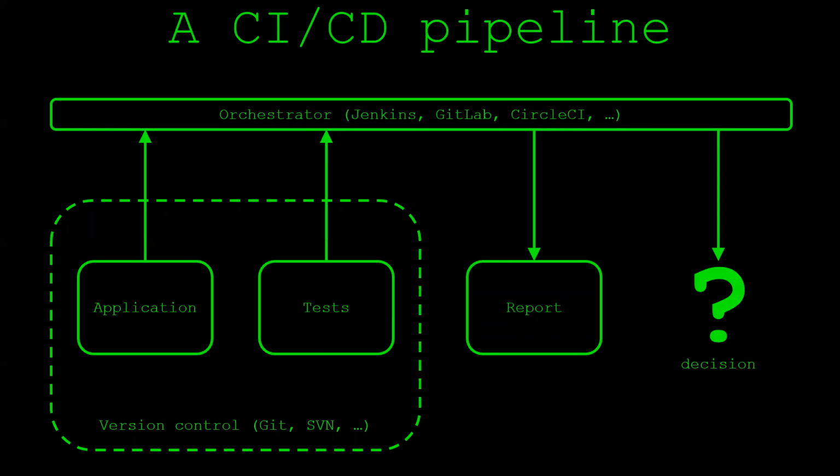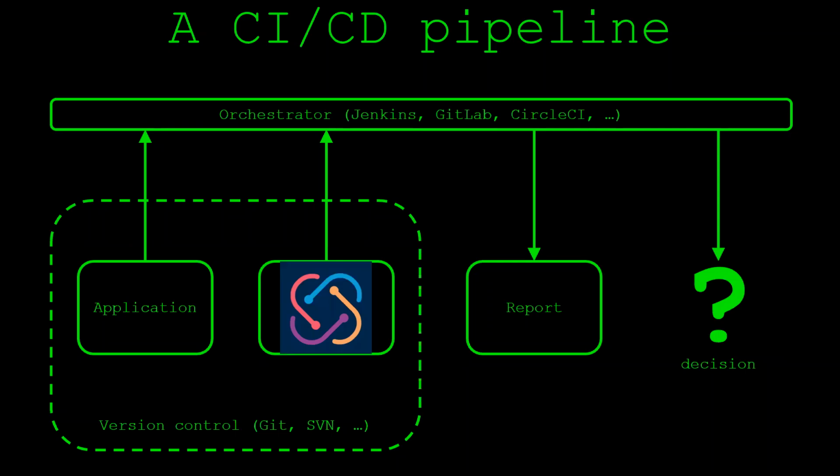But it's going to make decisions based on the results of the execution of the tasks, and most importantly, and that's what we're going to talk about today, based on the results of executing your tests.